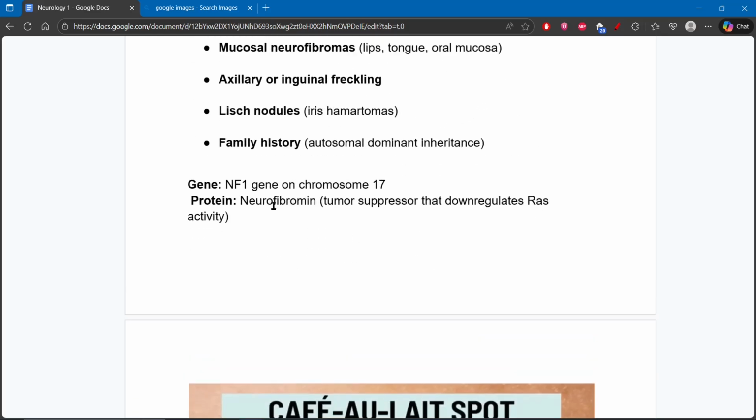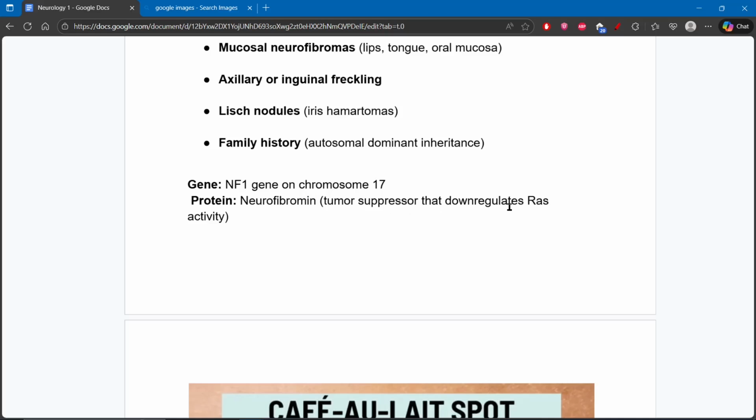So the gene, if they ask, is the NF1 gene on chromosome 17, and you have to remember this completely, not just the NF1 gene, but also which chromosome it affects. They tend to ask minor details in the paper. And the protein which is affected is neurofibromin. So I don't think that's difficult to remember, since neurofibromatosis and neurofibromin sound quite familiar.